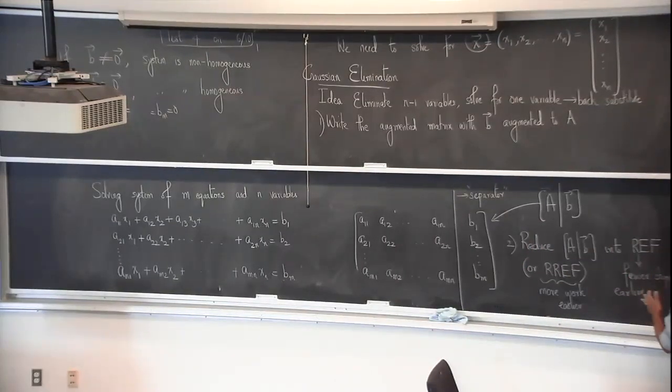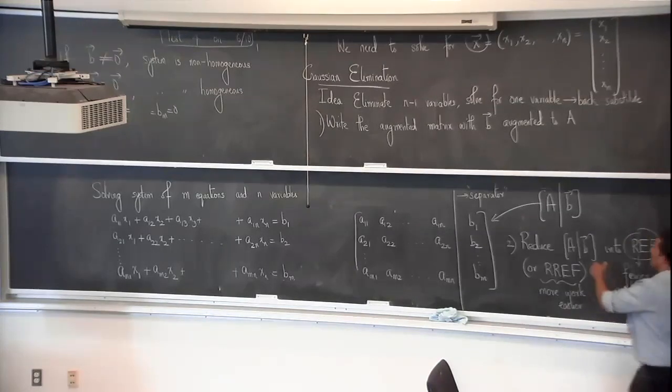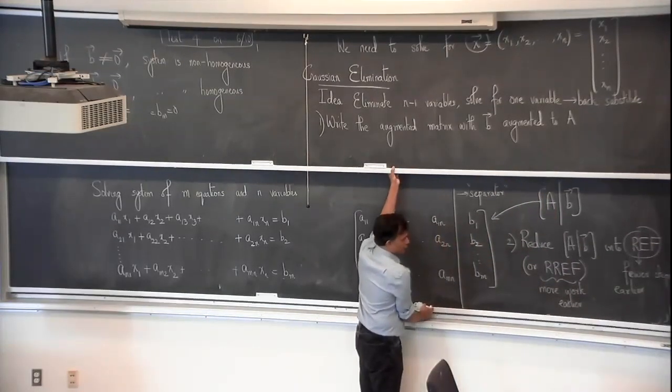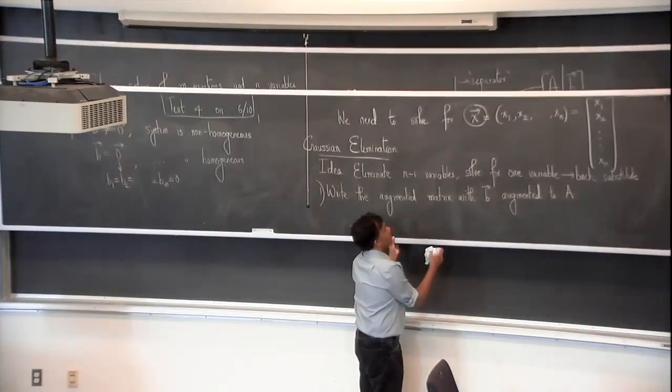So that will give you some extra work to do there, but that will simplify your life later, okay, compared to REF. I would be mostly sticking with REF because that is what I prefer to do, but it's your choice. All right, so reduce the augmented matrix into its REF or RREF.